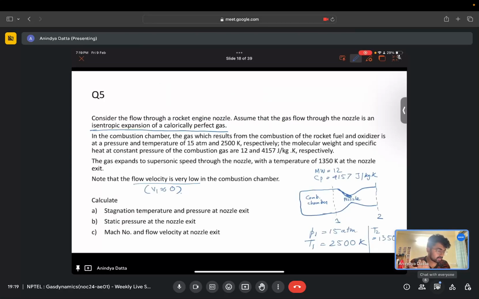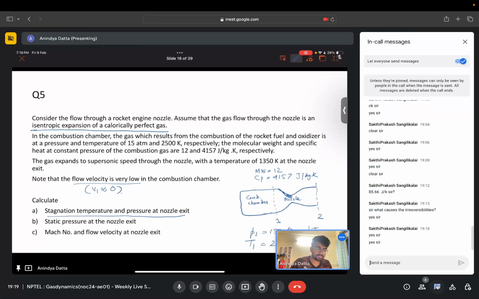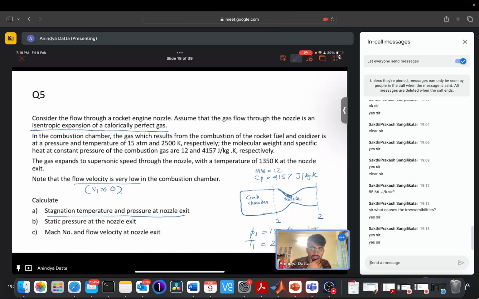Now let's go to what we need to calculate. First, what are the stagnation temperature and pressure at the nozzle exit? Can anyone say what the values will be, or how we can compute that? Once again I have to highlight this point: this is an isentropic flow, isentropic expansion of a calorically perfect gas.